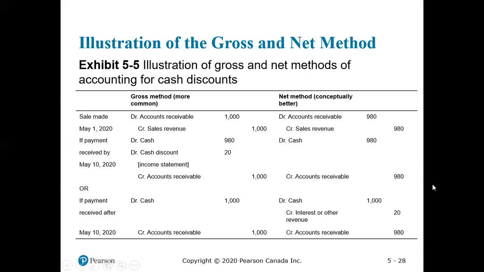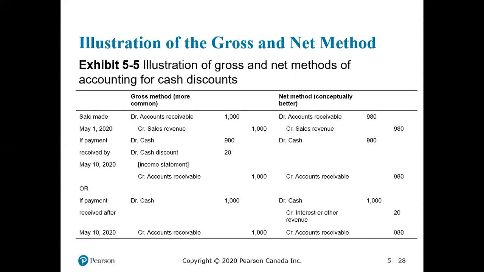For the gross and net method, Exhibit 5-5, which is on pages 213 to 214, goes through this. There is some information given on page 213 just above this exhibit that leads into these amounts in this table.